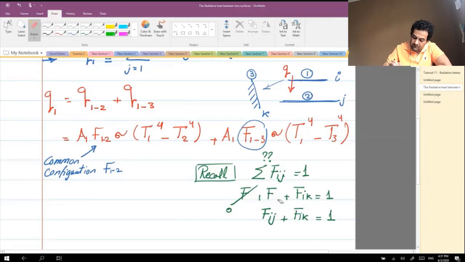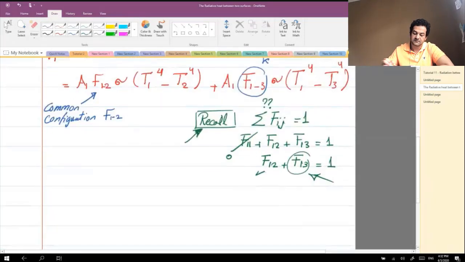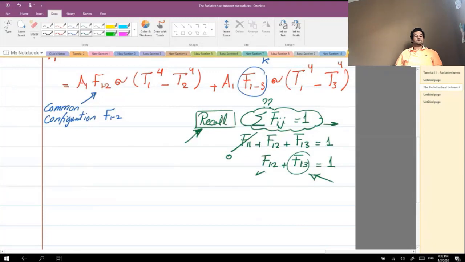So this is F11 plus F12 plus F13, and we're left with F12 plus F13 equals 1. F12 is a common configuration, we can get it, but F13 we're going to get from this equation, right? That's why I told you this equation is very important and we will be using it multiple times. So that's the radiation resistance.